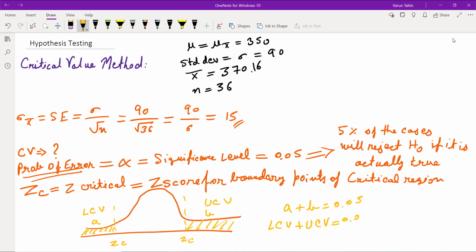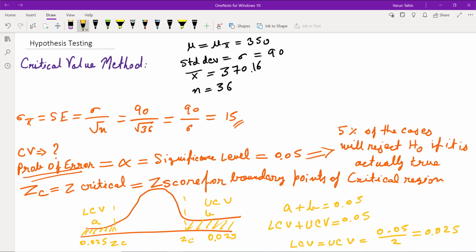So this becomes 0.05 and it is equally distributed, so each of them becomes 0.025. This region also is 0.025 and this is also 0.025, which is exactly half of this, correct? LCV equals UCV equals 0.05 divided by 2, which is 0.025.